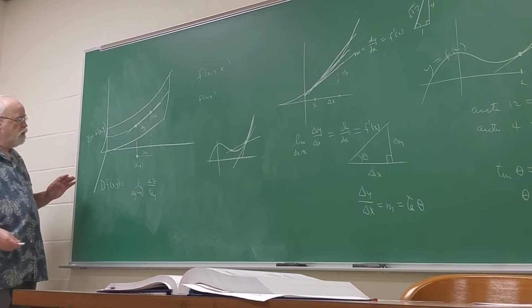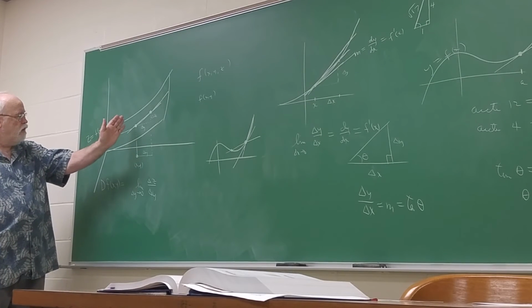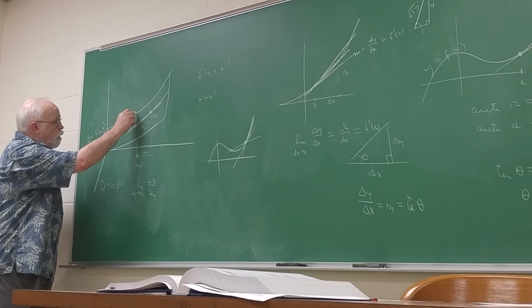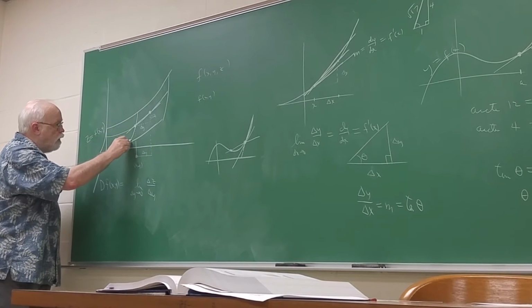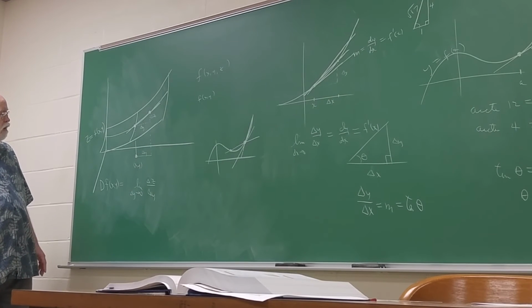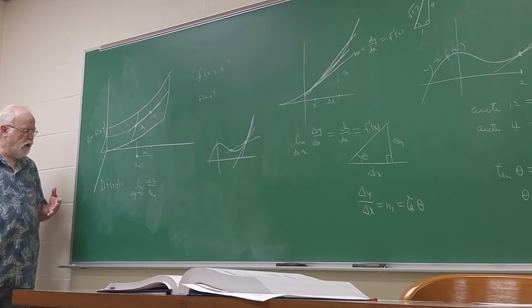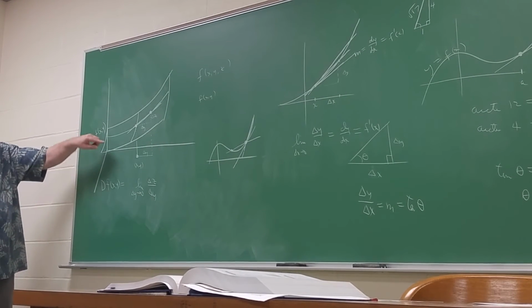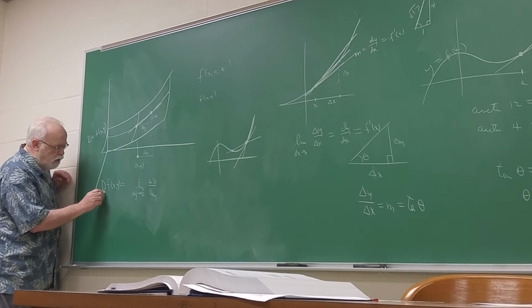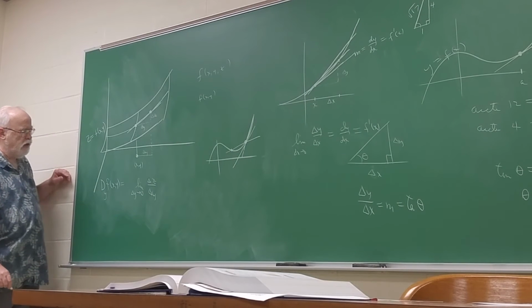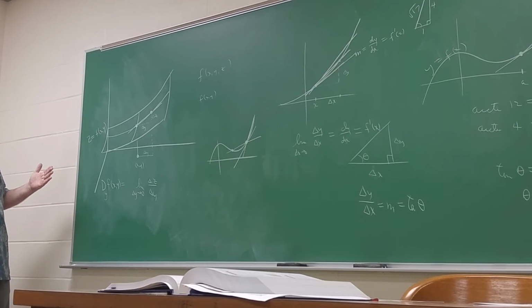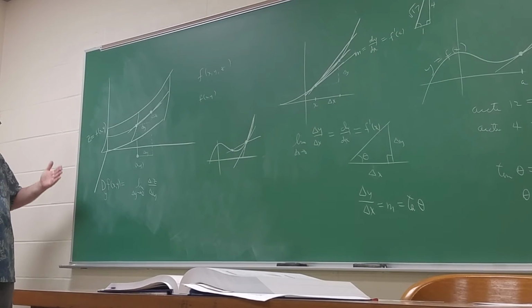Now, that's as opposed to doing this tangent line over here along this way, or some other one in one of these other weird directions. So I have to distinguish this one from all the rest of them. And so I'm going to use a y for that. That's the derivative in the y direction, the derivative with respect to y.